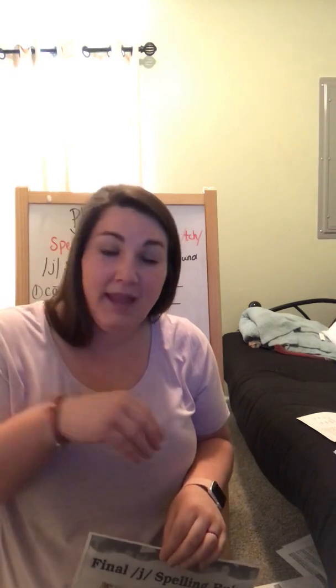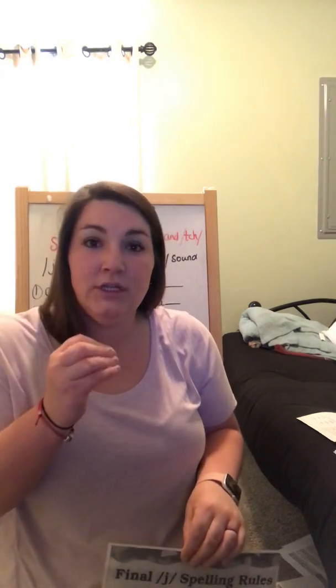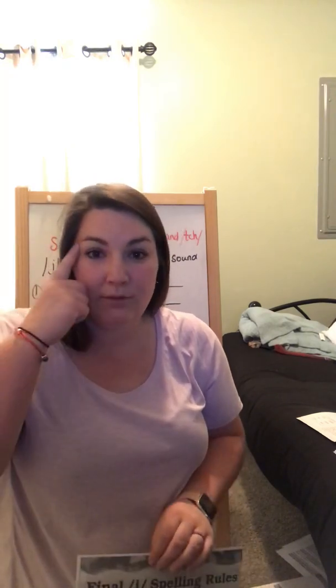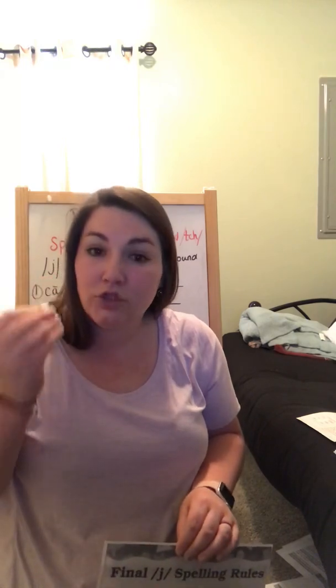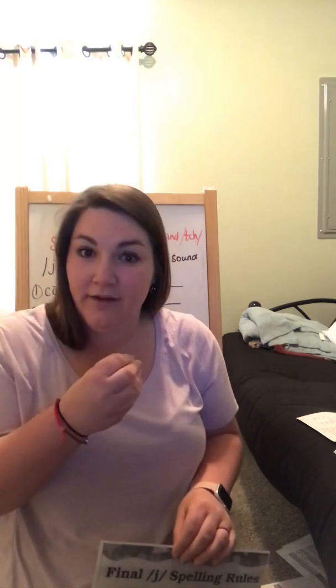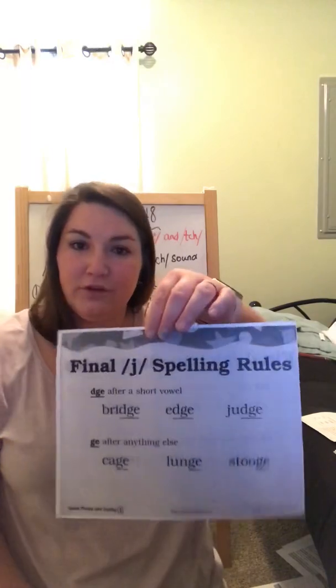And so it helps remind me whenever I'm doing my work that the trigraphs DGE and TCH, whenever I hear those, I remember that after a short vowel, I will add the trigraph. So both trigraphs are after the short vowels.